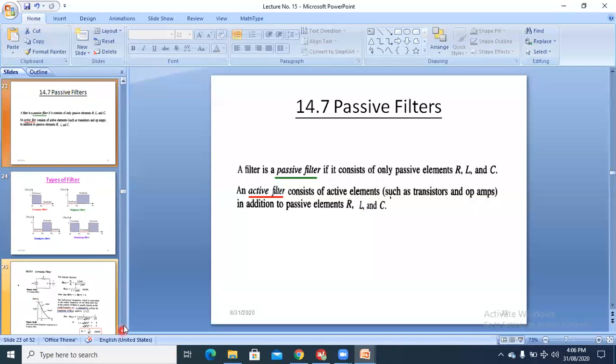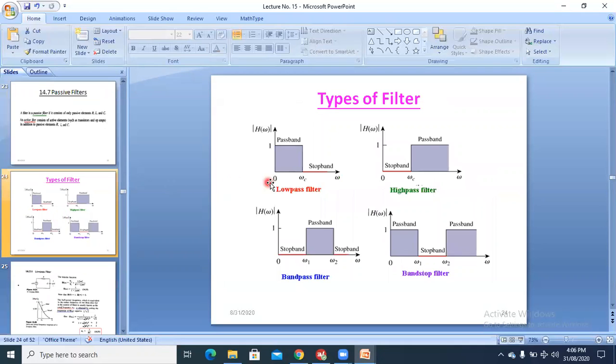So if you see the types of filters, first, the low pass filter has a cut-off frequency, and it allows a range of frequencies, has unity gain, and above this cut-off frequency it has the stop band. The pass band is the range of frequencies which are allowed to pass.